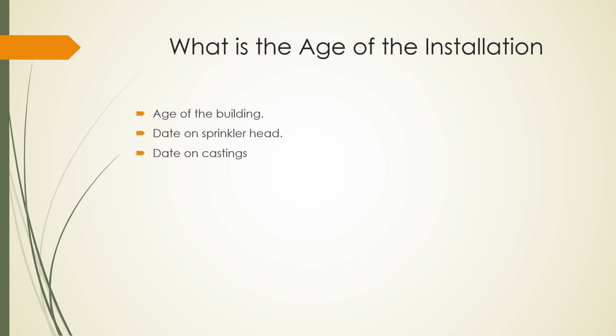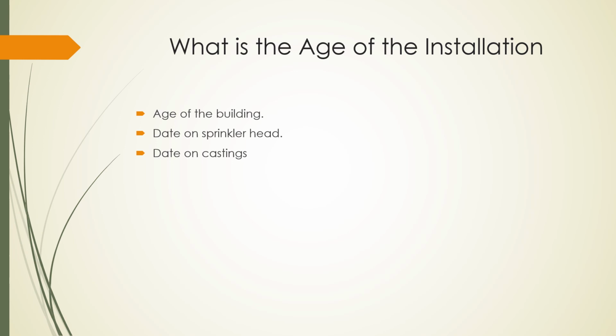The second piece of information is the sprinkler head. The sprinkler head may have date information on it, maybe on the base, it may be on the frame, it may be on the deflector, but there's information that will give us the date of the head and likely the installation as well.